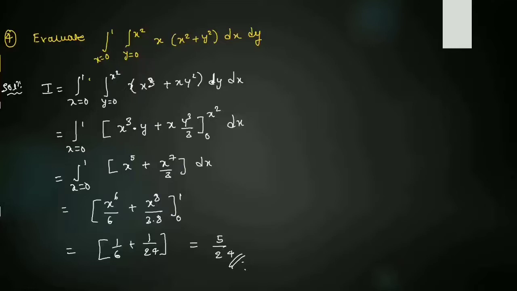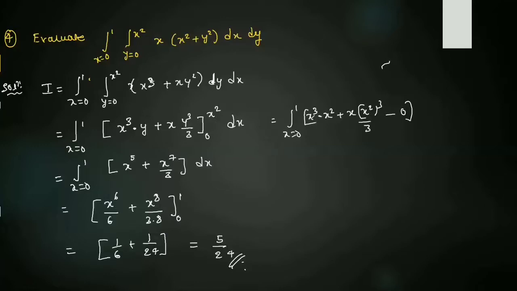Sir, repeat fourth line. What happened? Fourth line. 1, 2, 3, 4. Yes. See, in place of y, I need to substitute x square. So x cube into x square here. We are getting integration of x equal to 0 to 1, x cube into x square plus x into x square whole cube by 3 minus 0, because if I substitute both the terms it is 0.